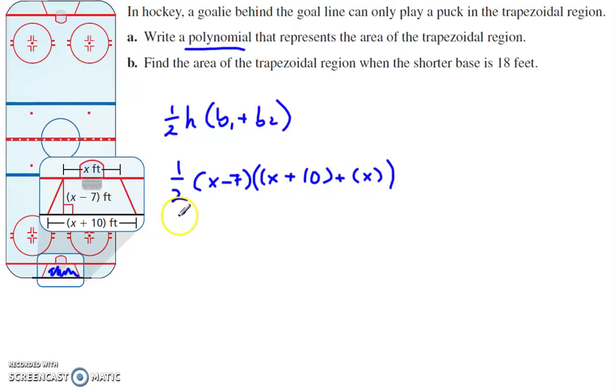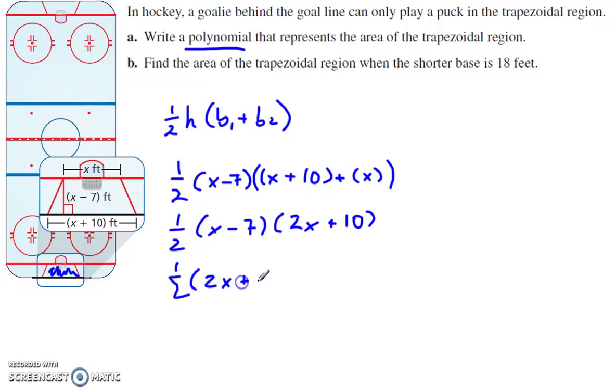Alright, so now we have 1/2, x minus 7, and then 2x plus 10. What order we multiply in doesn't matter. So what I'm going to do is rewrite this and say that's 1/2 2x plus 10. Can you guess why I did that? Think about it. Pause and look at this. Why did I do that?